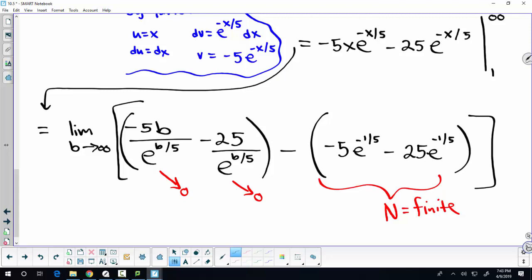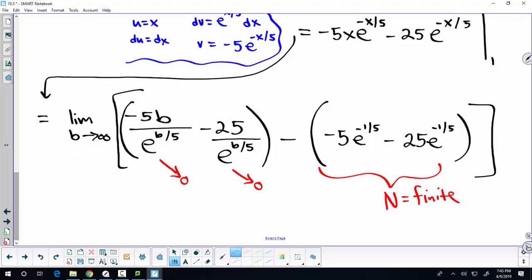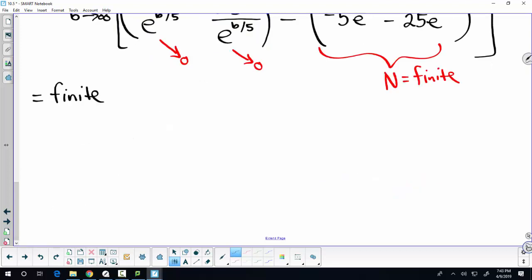Standard limit stuff tells us that goes to 0. So we have 0 minus some finite number, which means that the integral itself is finite. So therefore, what we know now is the thing we've chosen to compare to is convergent, right?